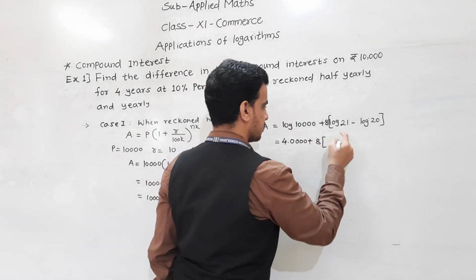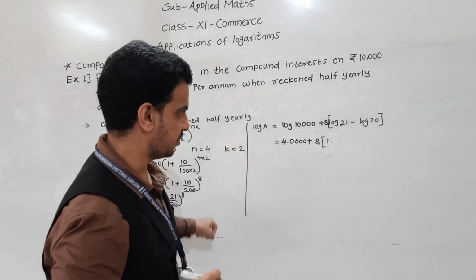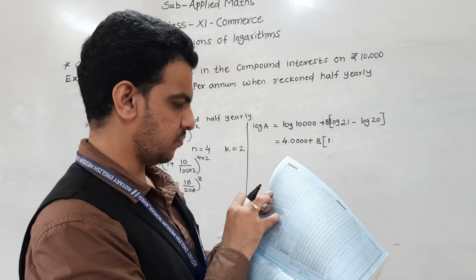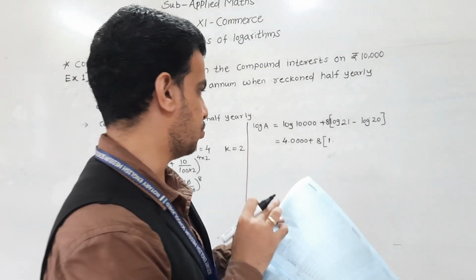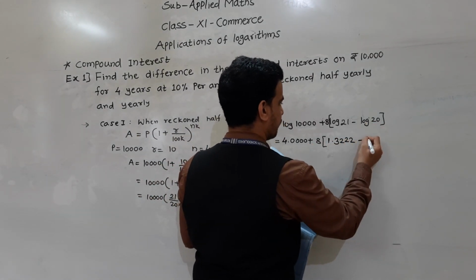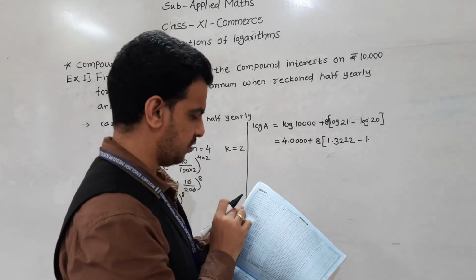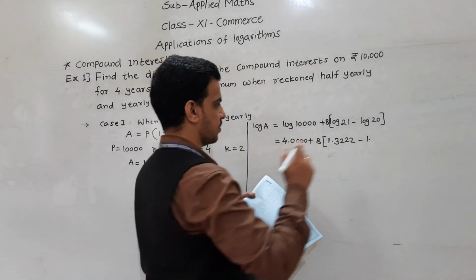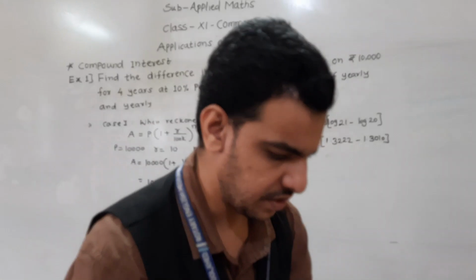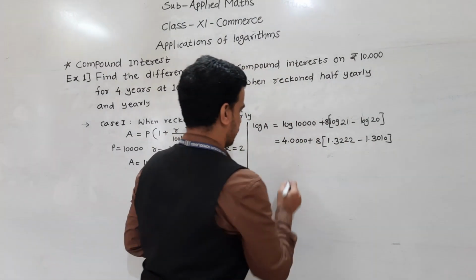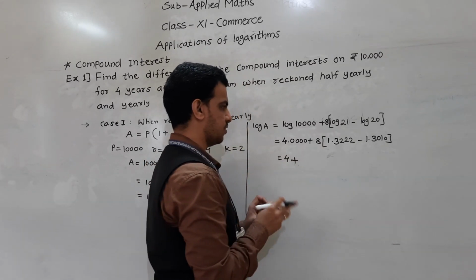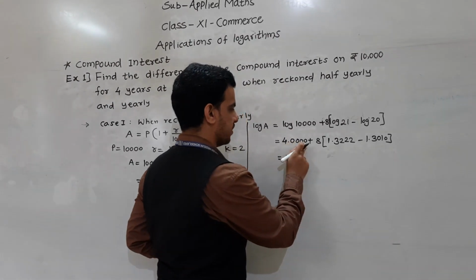Here the characteristic is 1, and in the 21 row and the column headed by 0, it is 3222. So 3222 minus log of 20, which has characteristic 1 and is 3010, so 1.3010. Now we have to simplify this, and after that we will take the anti-log. So 4 only we can write, and if we want zeros, we take zeros after the decimal point.